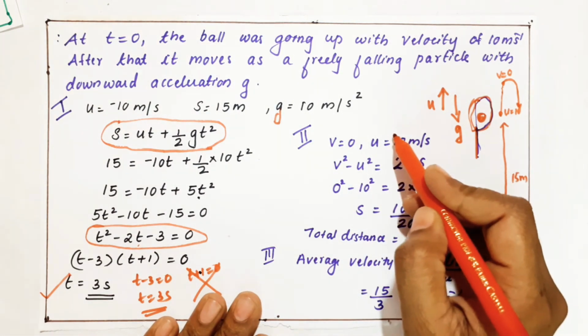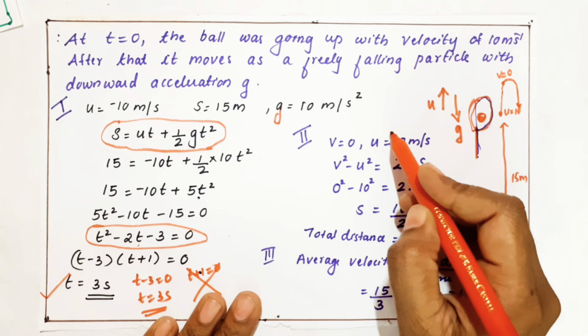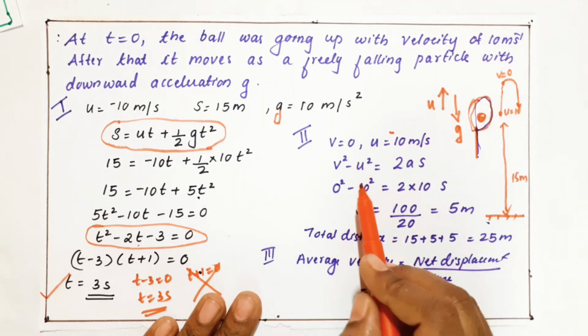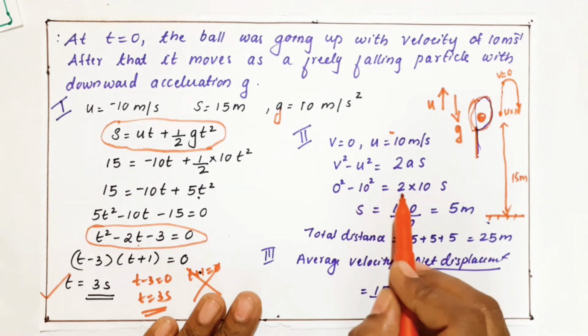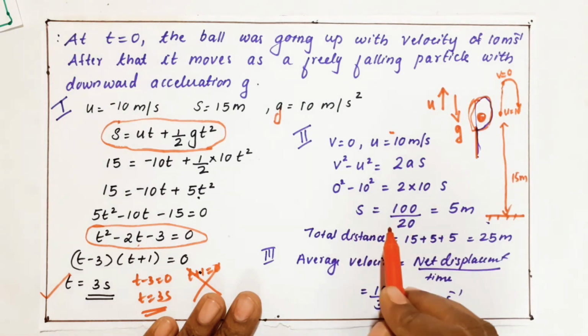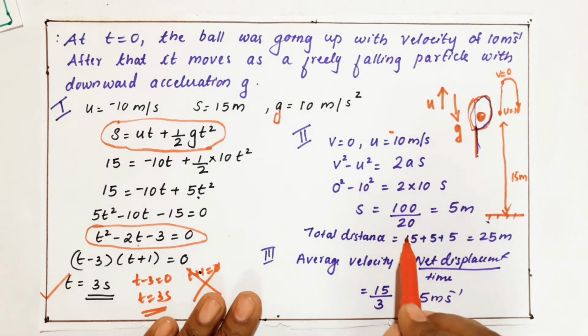If you take u as minus, no problem, the minus will get cancelled because it's squared. Then it is equal to 2 into 10 into s. So s equals 100 by 20, which is nothing but 5 meter.